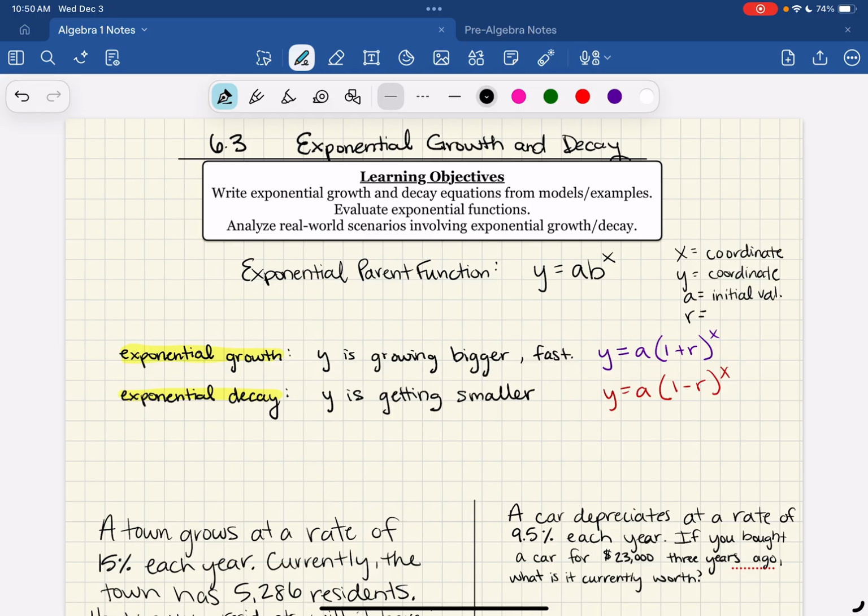And we have this new variable called an r. Well, this is going to be our rate because every time we have an exponential growth or decay problem, we're going to have a rate at which it is growing or decaying. It's going to be in percent form. So we're going to have a percentage rate in every problem.